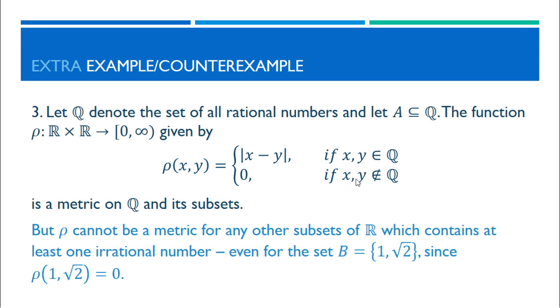This is if x or y doesn't belong to Q, then it's 0. Just redefine it so: if x and y belong to Q, it is the absolute value of x minus y. If x or y doesn't belong to Q, it is equal to 0. So I'm sorry, I worded it wrong, Bijal, I agree.